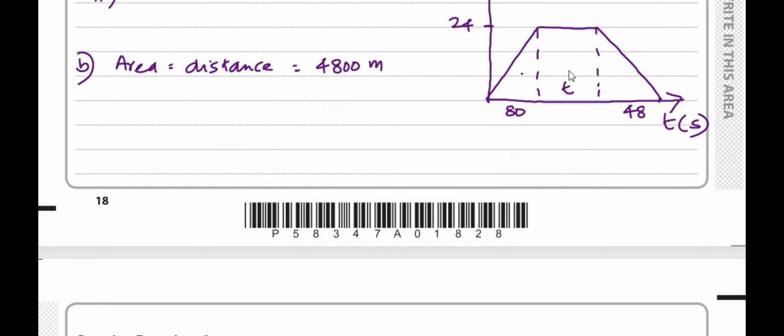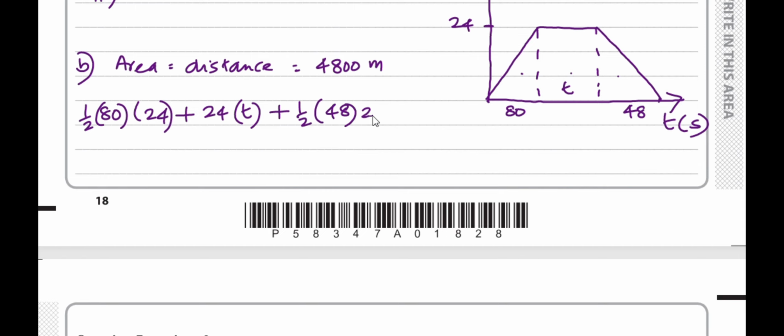So what's the area? There is a triangle, there is a rectangle, and there's a triangle. So we can say half base times height, half times 80 times height 24. That's the area of the triangle, plus, unfortunately, we do not know the time there, so 24 times t, plus, again, half times 48 times 24.